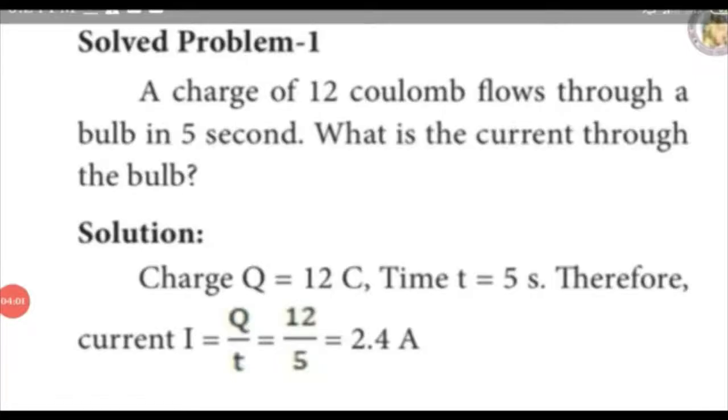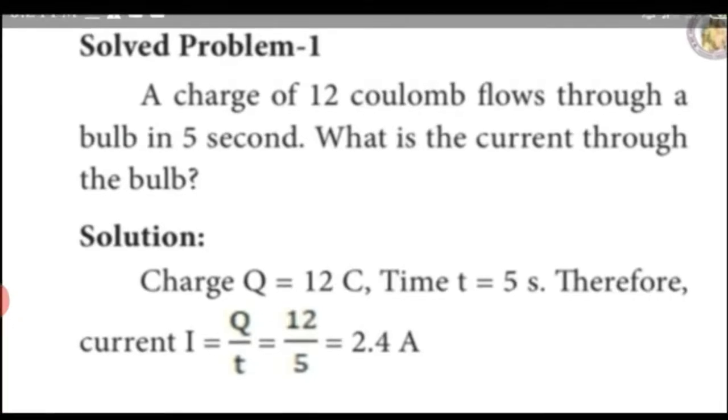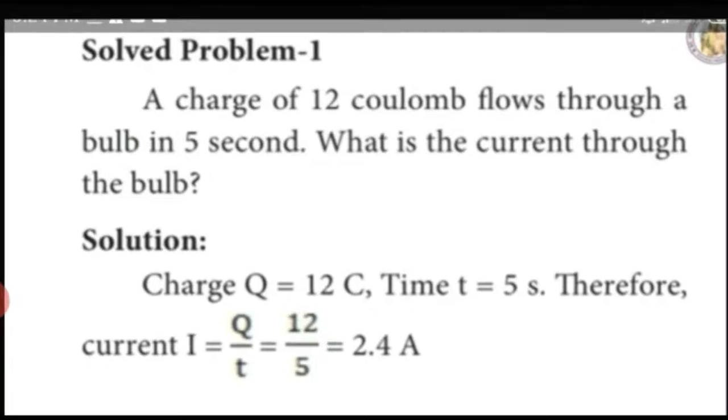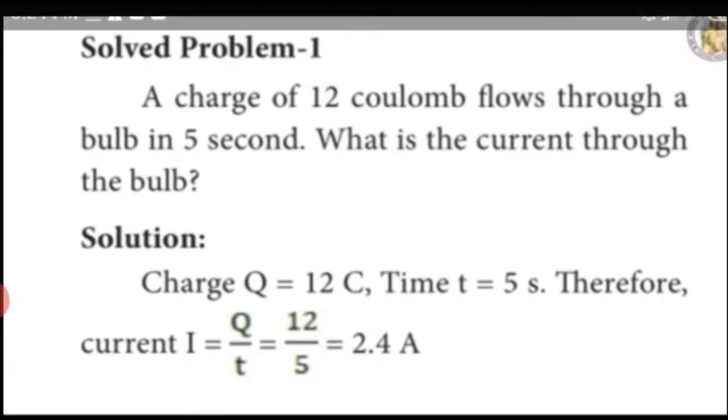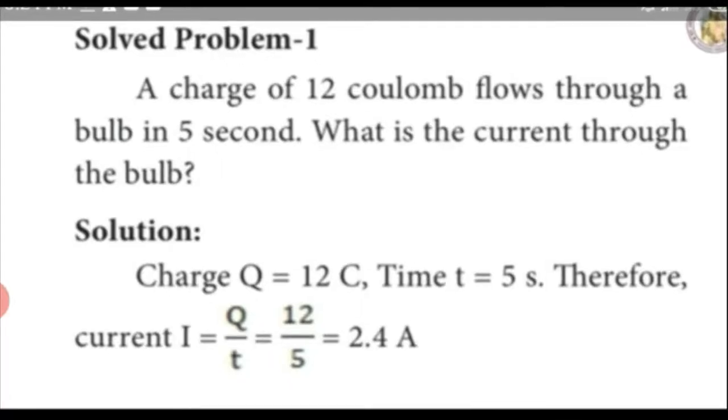Let us solve problem number 1. Question: A charge of 12 coulomb flows through a bulb in 5 seconds. What is the current through the bulb? So, in this question, we have to find out the current through the bulb.